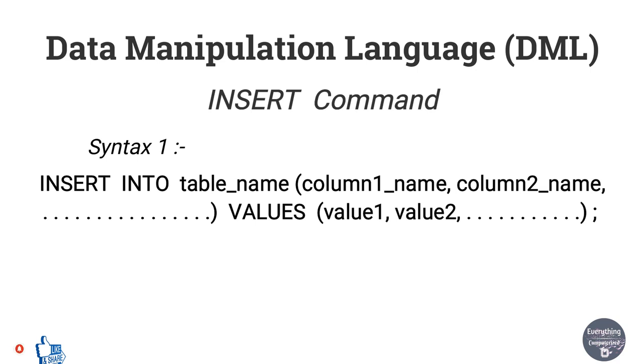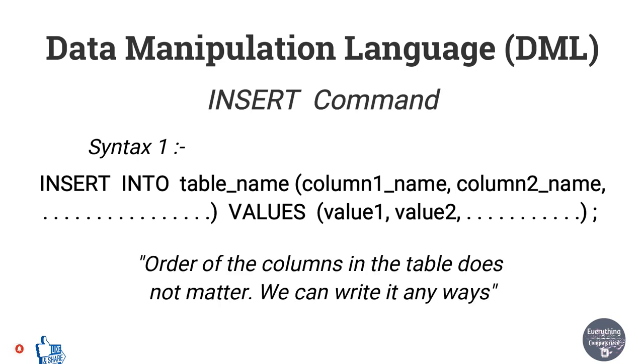Then after that we write values, and then we have to write the values of the respective columns. When we are using this syntax, we have to specify the names of the columns where we want to insert the data. In this syntax, the order of the columns in the table does not matter.